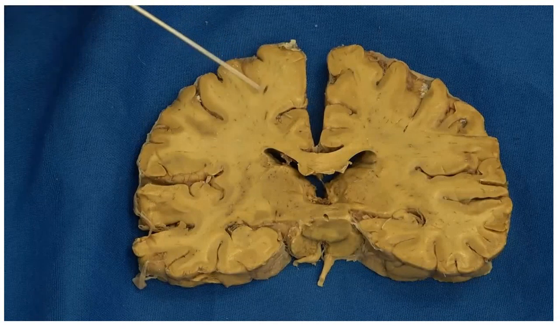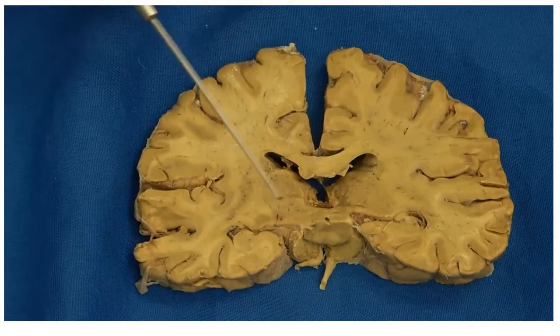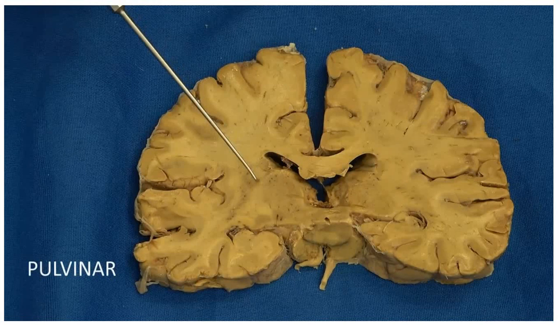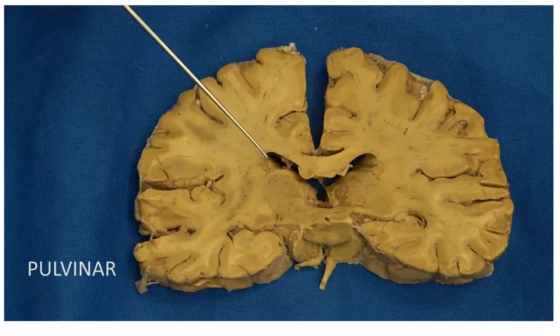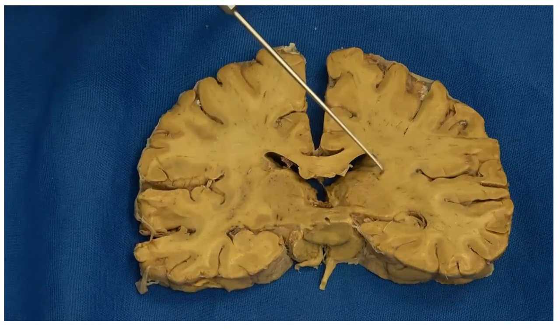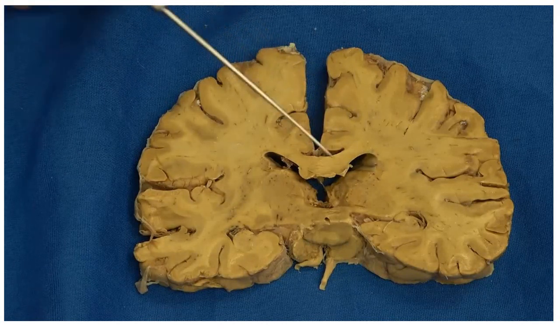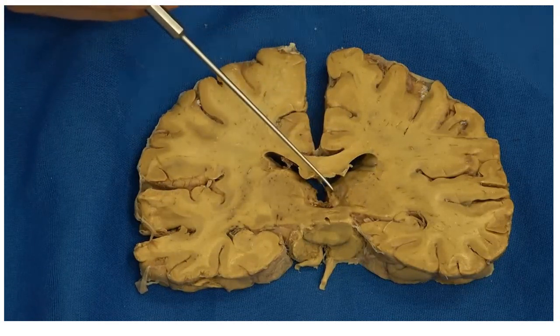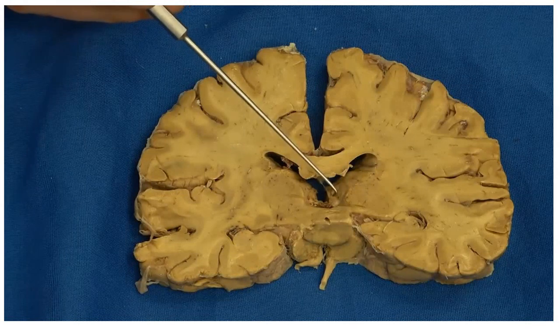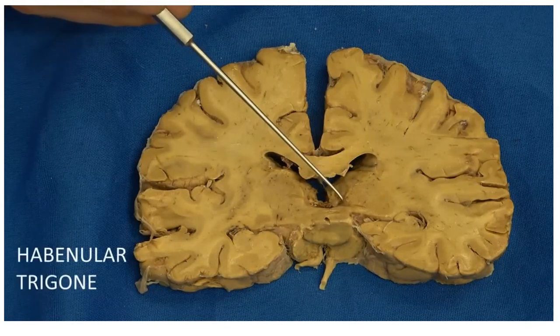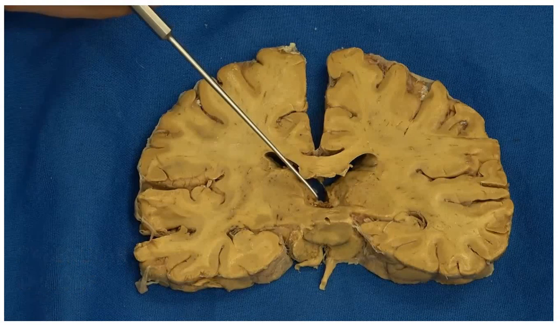Okay, we're in the next slice. The cut right here, pulvinars of thalamus. Again, the bodies of the caudate nuclei. And here we can see the trigone of the habenula.